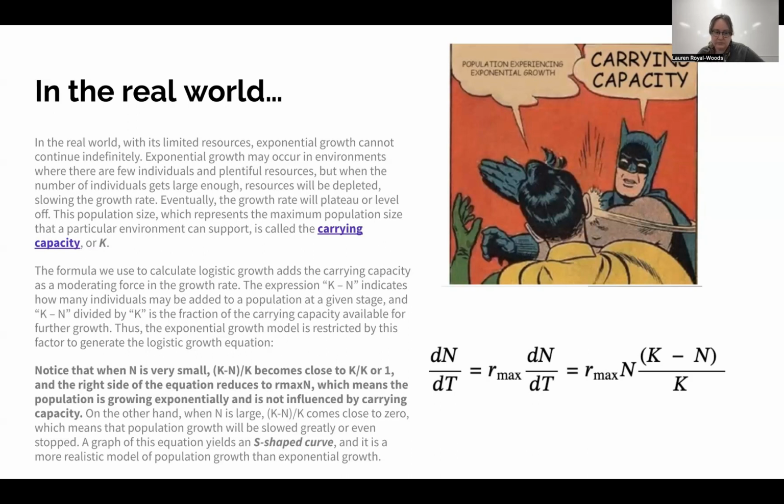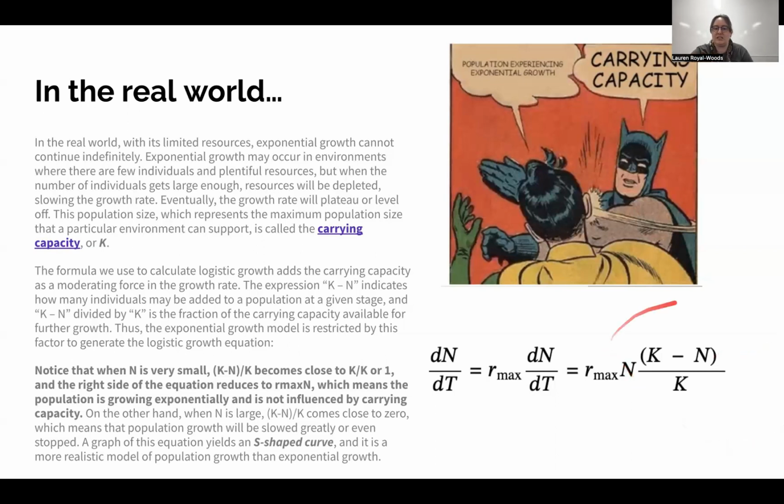However, if N is huge, like you have a huge population, and this part right here comes close to 0, that means the population growth is slowed or stopped, because that's where the S-shaped curve and the carrying capacity hits us, where we've hit a limiter of something, like we don't have enough water, we don't have enough food, and it limits us from taking our population any higher. So that's basically what this math equation is trying to tell you.